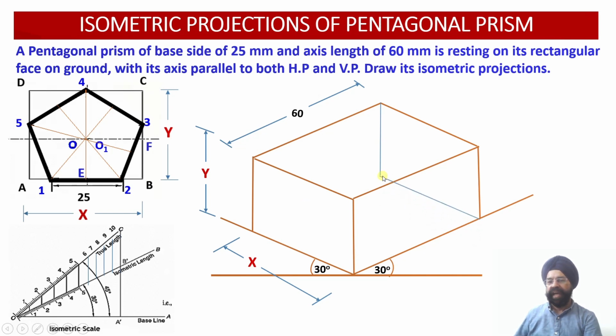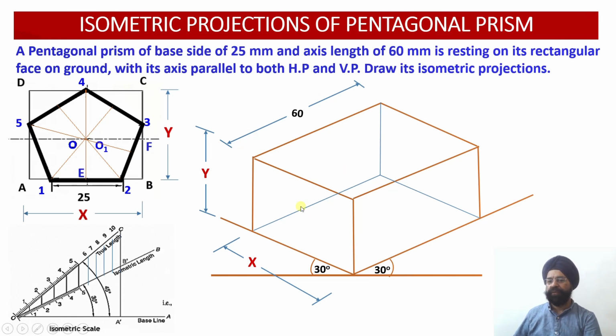Next I am going to join this face, so that this edge I am going to draw parallel to this one and the x-axis over there, so that this is my front face of the pentagonal prism. This is the place where the rear face of the pentagonal prism will be drawn. Next I am going to join this edge, which is again not visible to the observer because it has been overshadowed by these three faces.